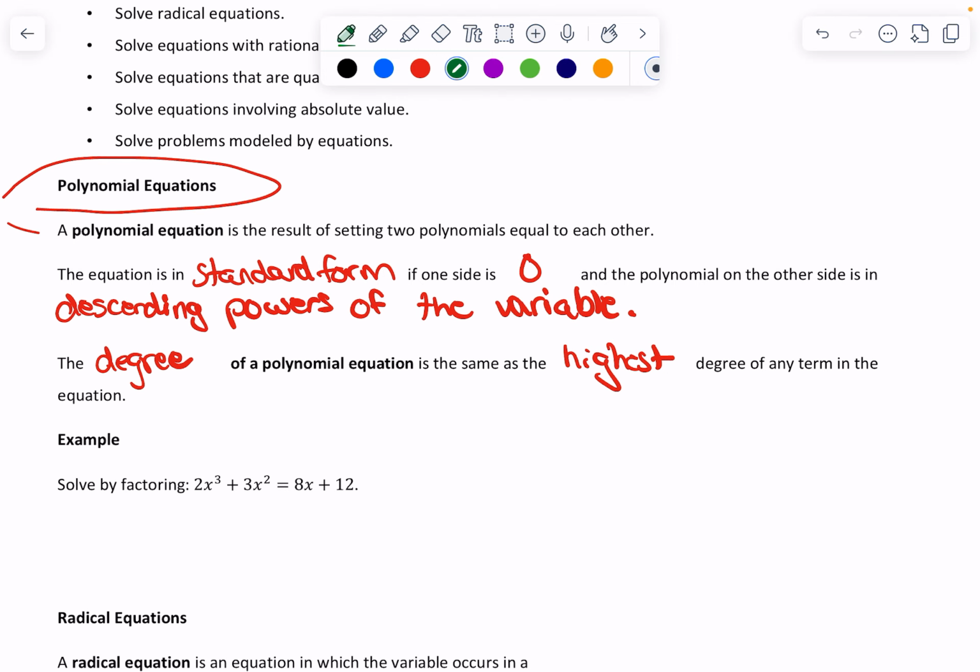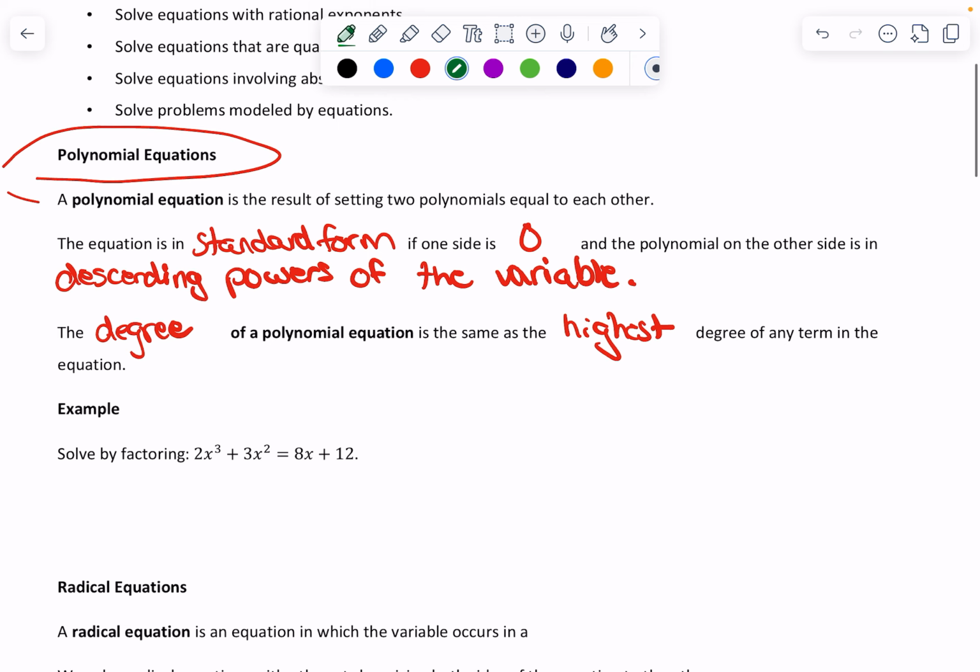We are going to solve by factoring 2x cubed plus 3x squared equals 8x plus 12. What we're going to do is move all the non-zero terms to one side. So I'm going to subtract 8x.